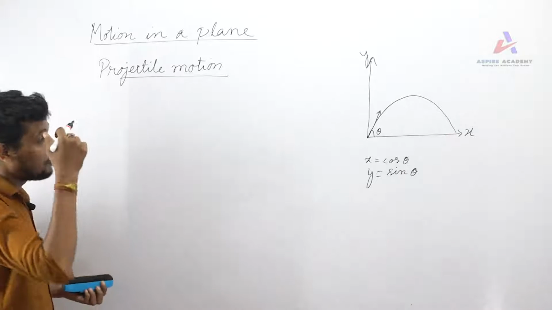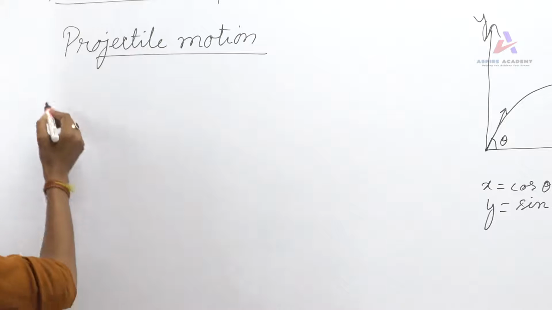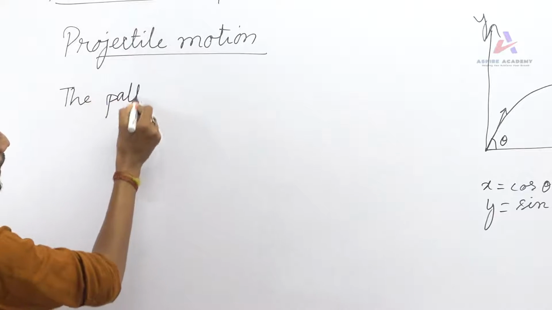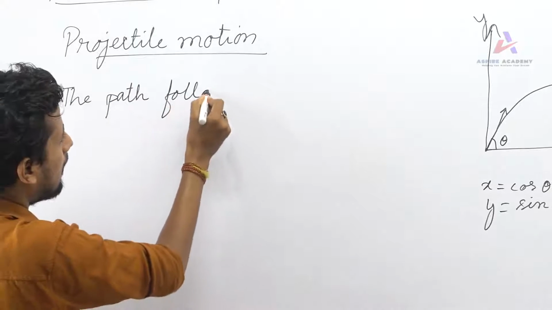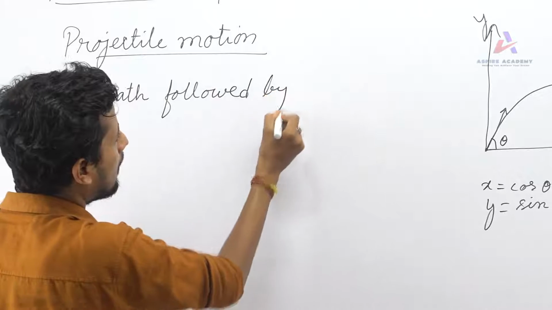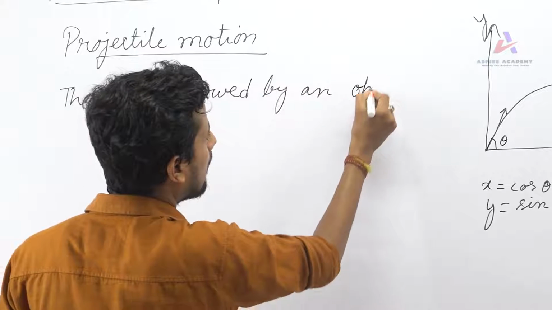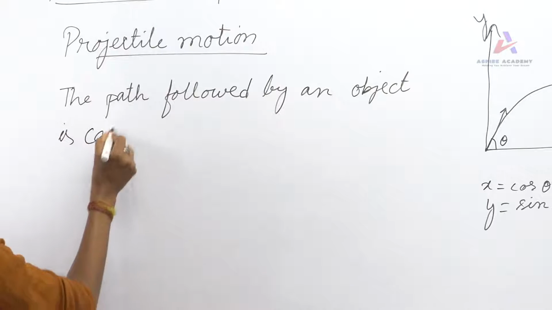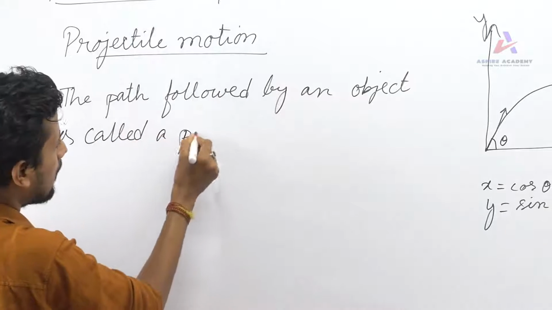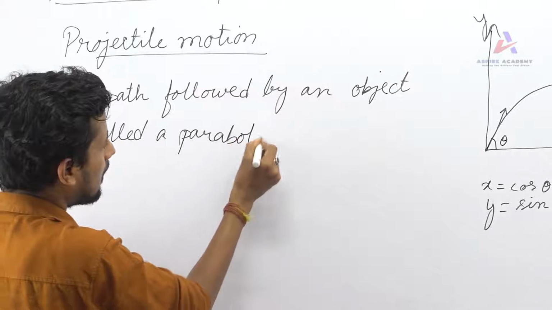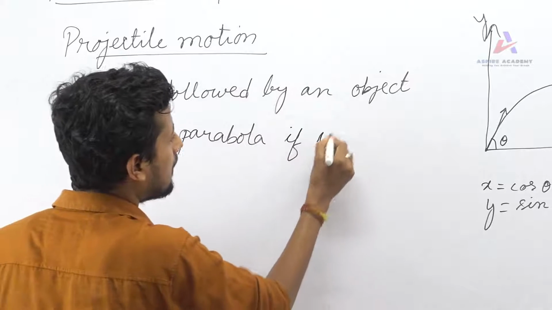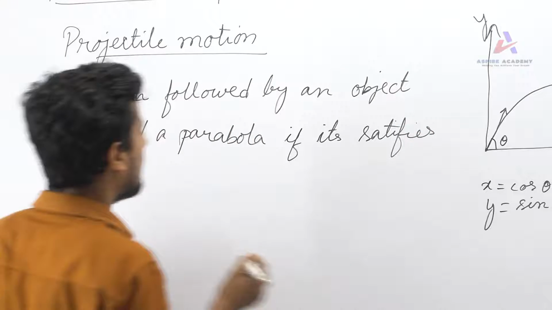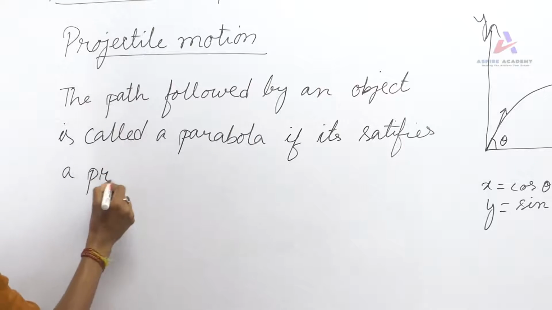The path followed by any object is called a parabola if it satisfies a projectile motion.